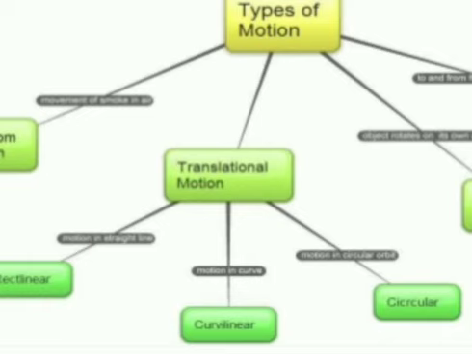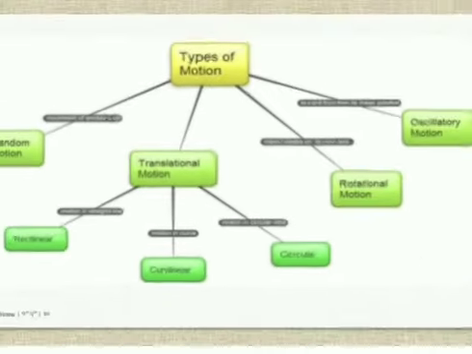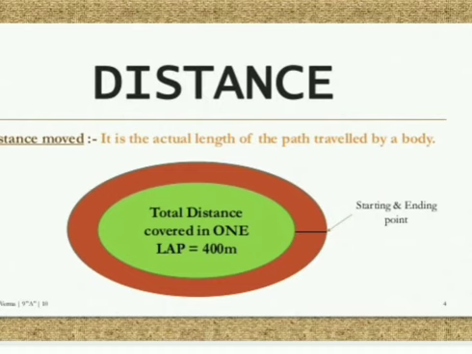There are different types of motion: random motion, translational motion, rectilinear motion, curvilinear motion, circular motion, rotational motion, and oscillatory motion. All such types of motions we have done in lower classes, isn't it? And up to now we have completed uniform motion and non-uniform motion.